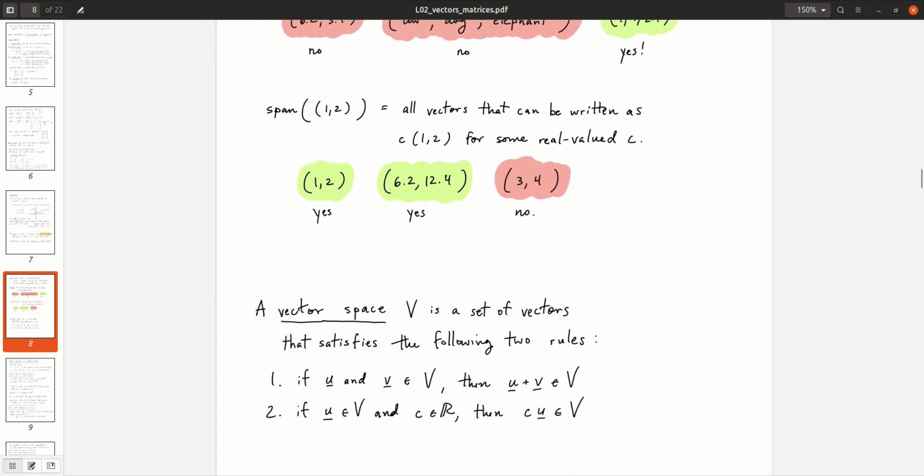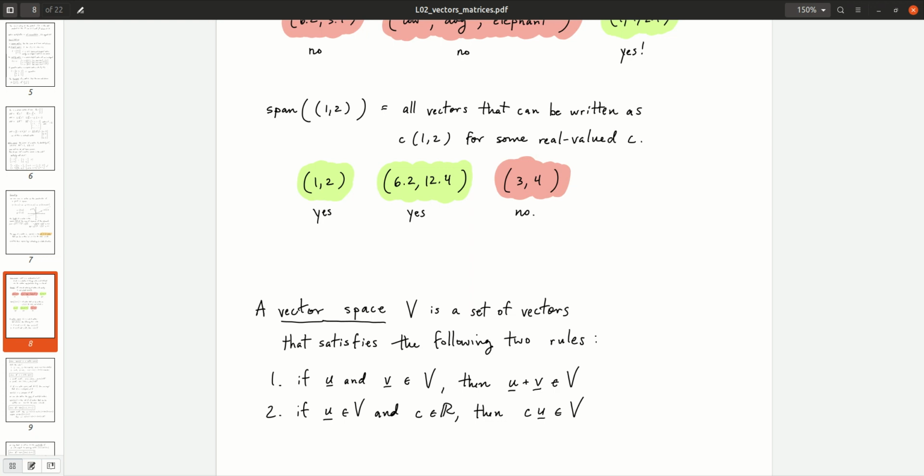Another really important topic is the topic of vector spaces. So here's the definition of what qualifies as a vector space. So a vector space that I'm denoting by capital V is a set of vectors. So it's going to be a set, but it's a special kind of set of vectors that satisfies the following two rules.